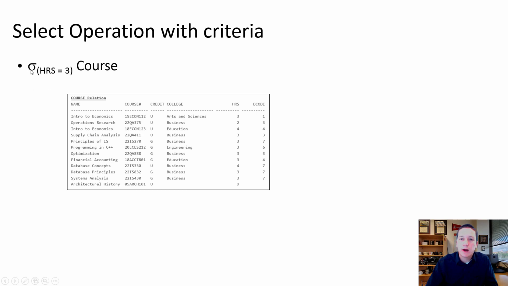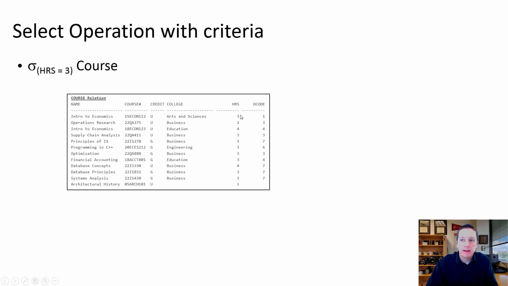We also said in our select relational algebra operation, we can provide an expression that we want to evaluate all the tuples against. So in this case, we're selecting from the course relation, and we only want tuples to where this expression evaluates to true, where the values of the hours attribute equals 3.